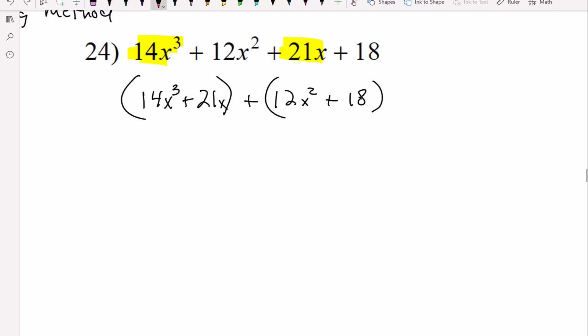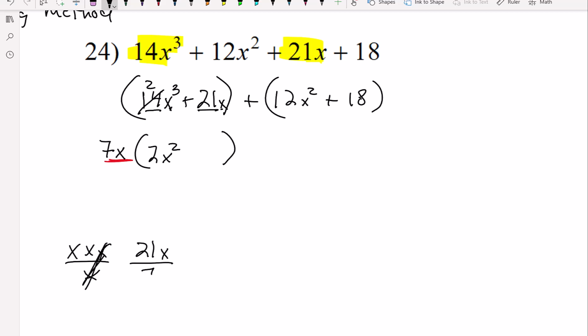So we're going to factor out 7x, since 14 and 21 both share a 7, and x cubed and x to the first. So 14 divided by 7 leaves 2. x cubed divided by x leaves x squared. And 21x divided by 7x leaves 3. So that leaves 2x squared plus 3.